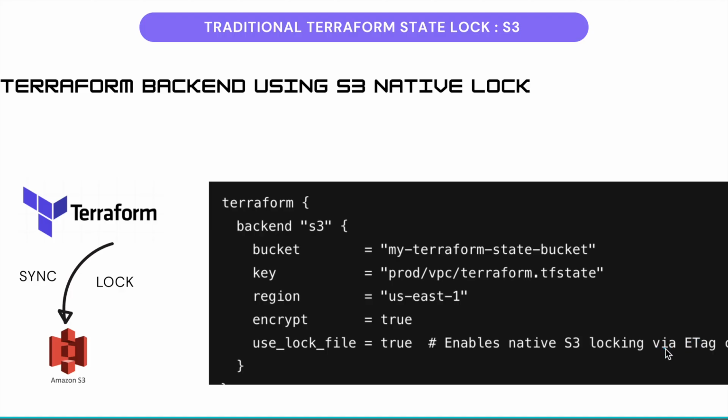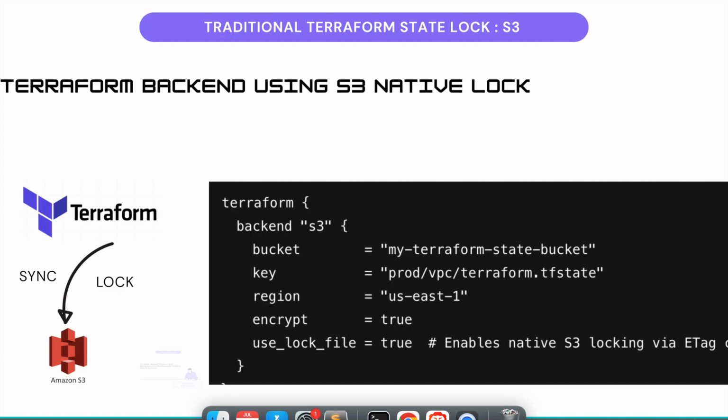So whenever some files are committed, every time a new ETag is generated, which is unique, and if the ETag is the same, it understands there is no change in state. And whenever a new file comes in, a separate ETag is generated. That's how it knows the difference. There is some difference in the state file, and that is how the locking and other things are supported from here.